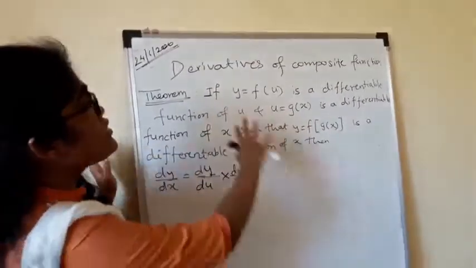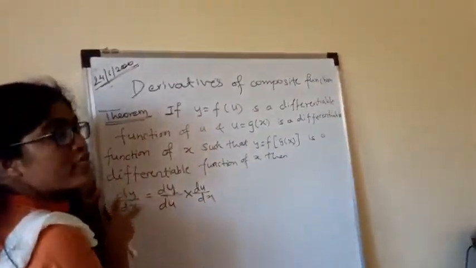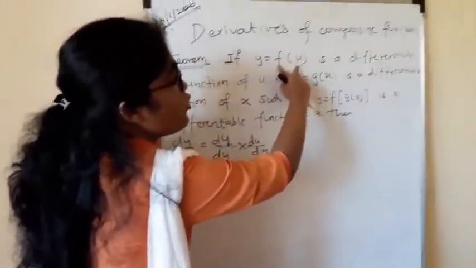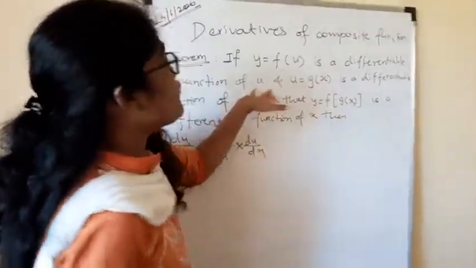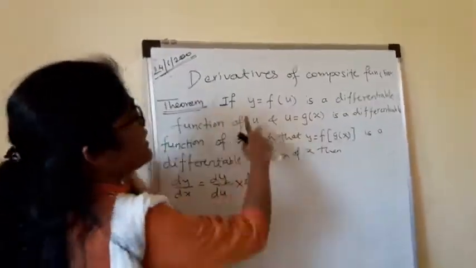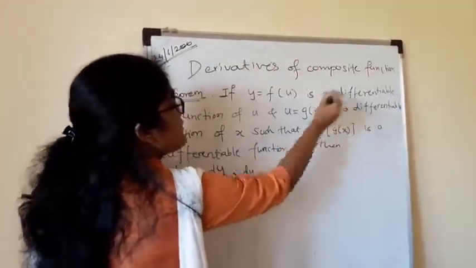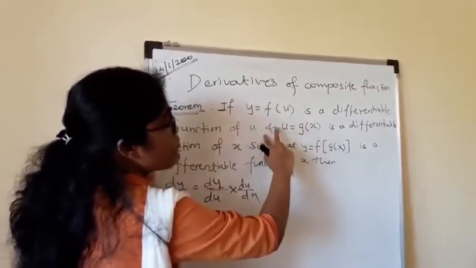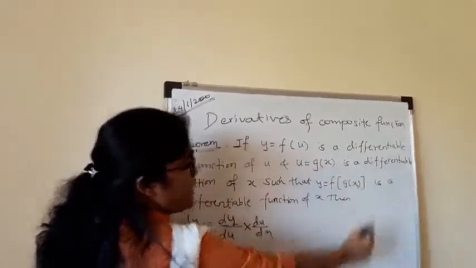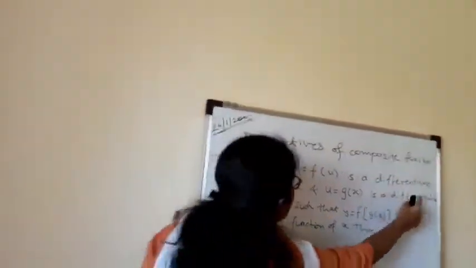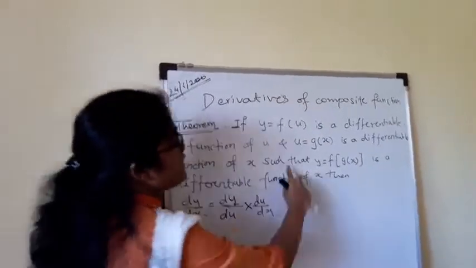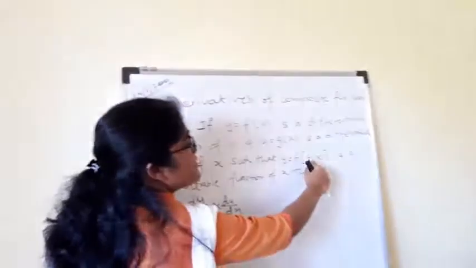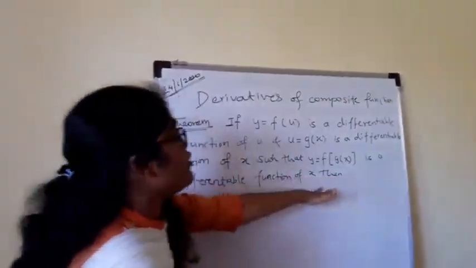Now see students, what is this theorem? If y is equal to f of u is a differentiable function of u, and u is g of x, another function, a differentiable function of x, such that y is equal to f of g of x is a differentiable function of x.